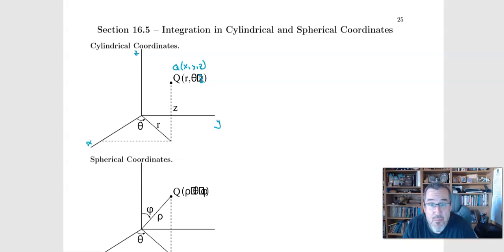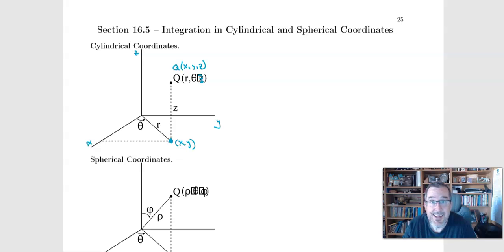So I hope you see that there's some familiarity here. We're talking about r and theta, just like in polar coordinates, where this point right here is the point x comma y. You can get to the point x, y by instead starting on the positive x-axis and rotating an angle theta, and then traveling out a certain distance along the terminal side of that angle to get to that same point.